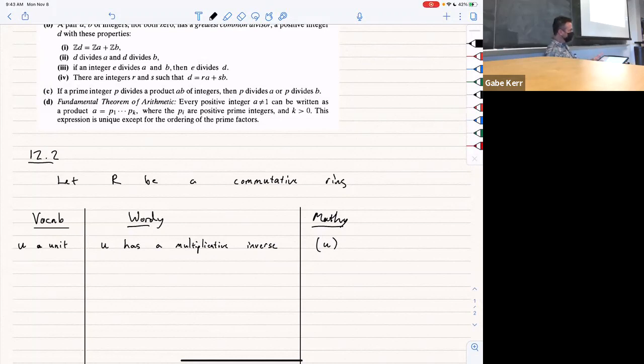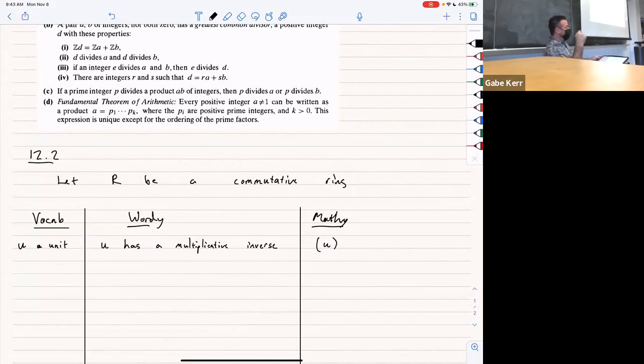Now, a principal ideal is just you take that one element and you look at all of its multiples. When you say multiple, you're multiplying by elements in the ring. All possible multiples of that given element. That's the principal ideal generated by that. So here we have an element U. It has a multiplicative inverse, meaning I can multiply it to get the identity.